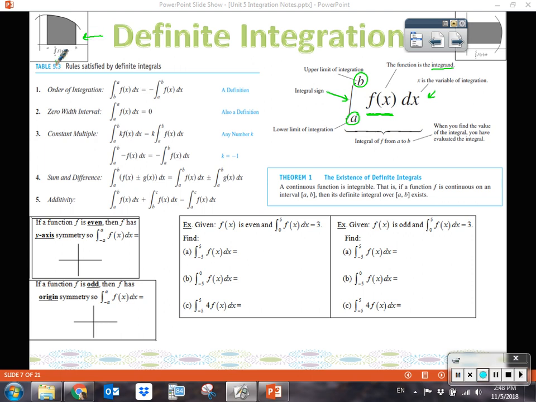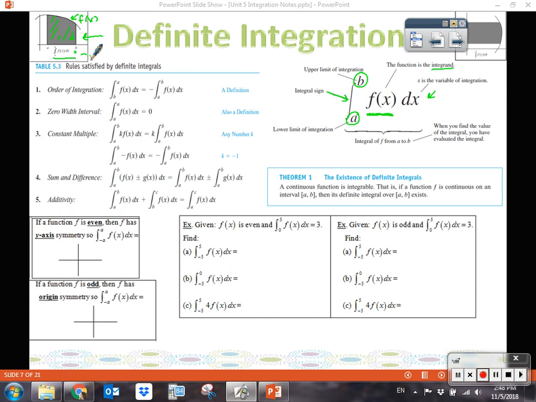If I have the integral from a to b of f of x dx, and this is f of x right here, what this integral will do for us is calculate all the area under this curve from a to b. So all this in here we will be able to find if we could do that integral.